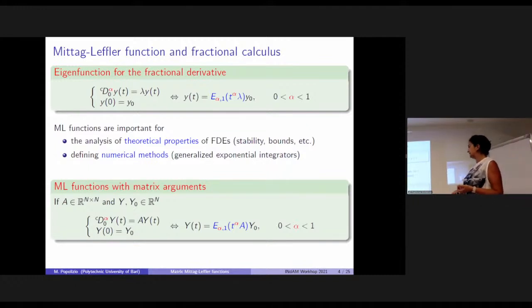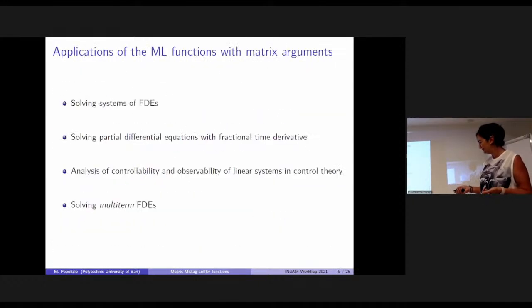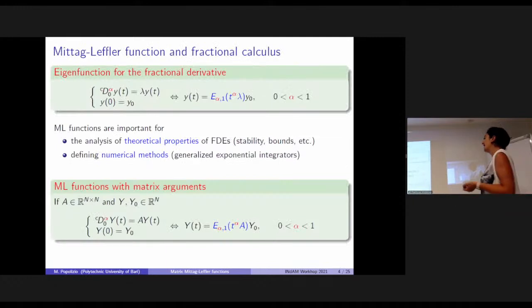The most simple situation is the case in which we have systems of fractional differential equations. In this case, the solution may be written as the Mittag-Leffler function evaluated in the matrix argument A applied to the vector y0 of the initial condition.